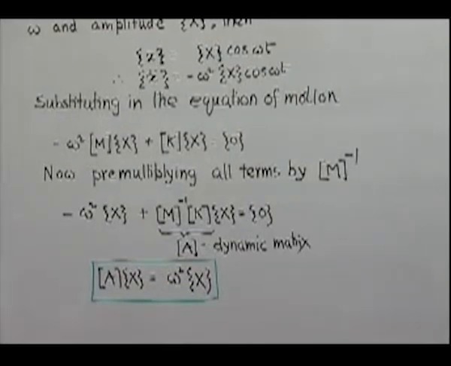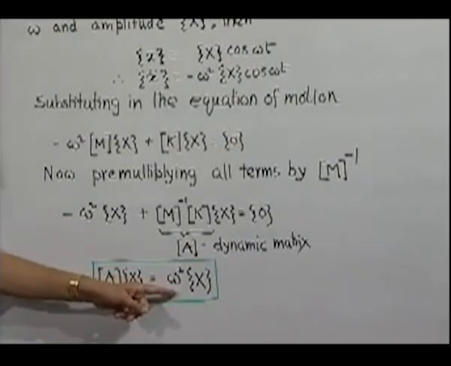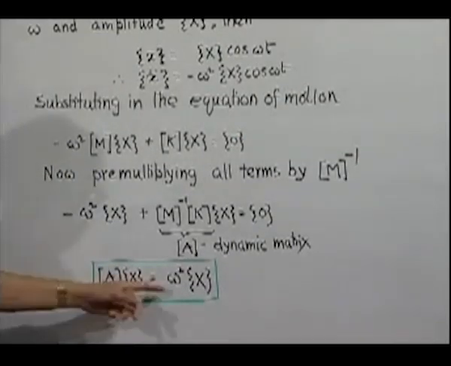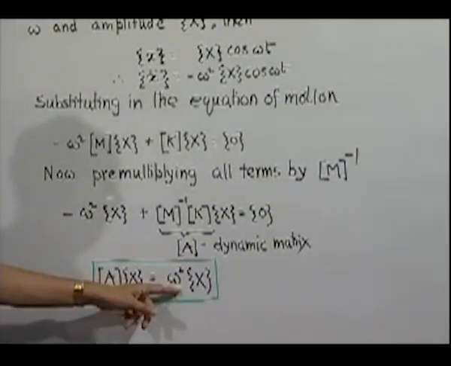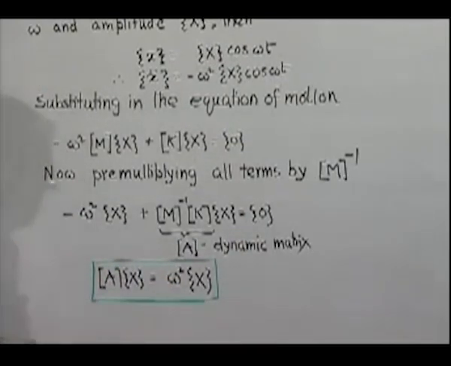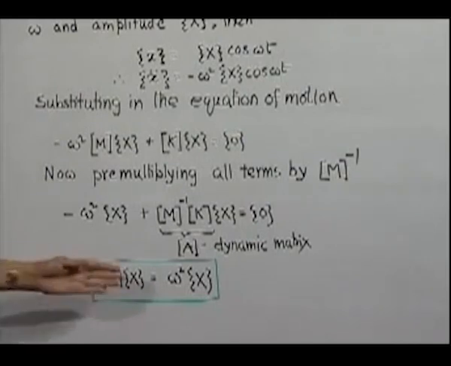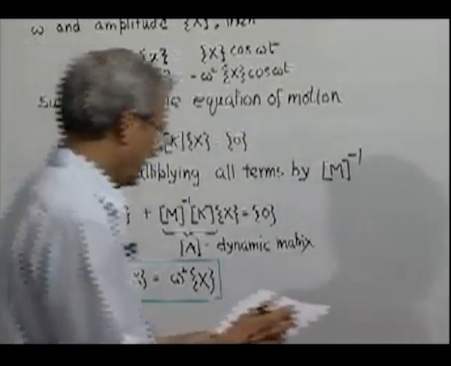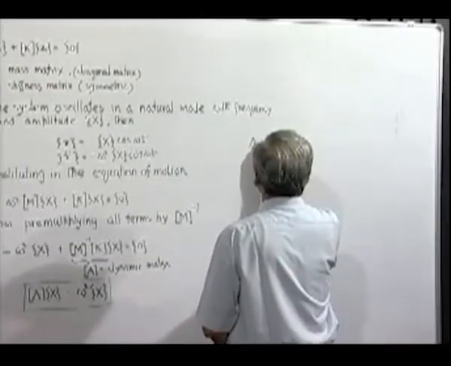This is possible only for some specific column matrices and some specific coefficient values, and this is called the eigenvalue problem. The values which satisfy this equation, these omegas, are called eigenvalues, and these columns, also called vectors, are called eigenvectors, which are nothing but the normal modes, and the eigenvalues are nothing but the squares of the natural frequencies. This of course can be written in equation form also.